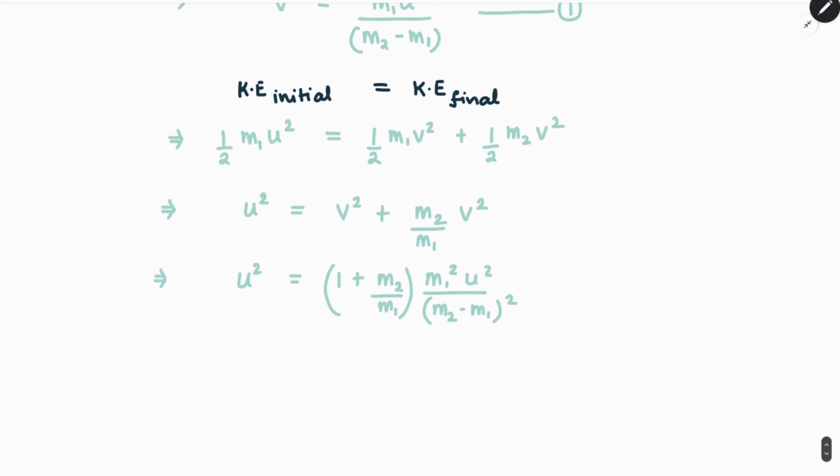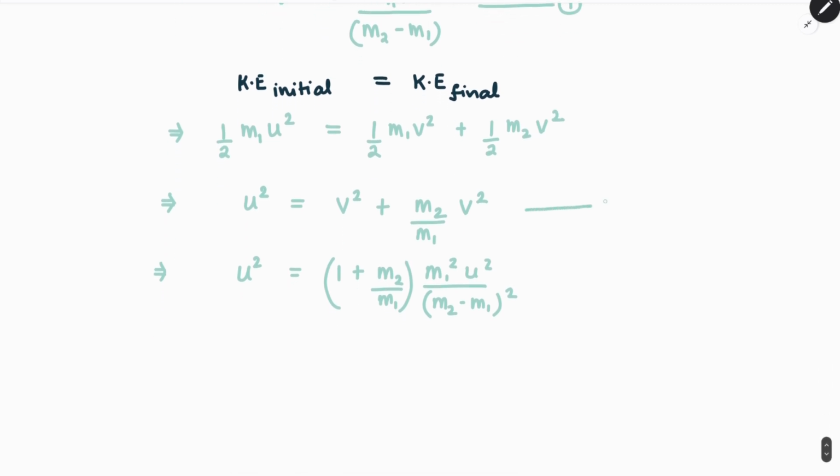This is equation number 2. Then we substitute equation 1 in this expression, remove the u squared term, and on solving we obtain m1 by m2 equal to 1 by 3. So this is the answer to the first part of the problem.